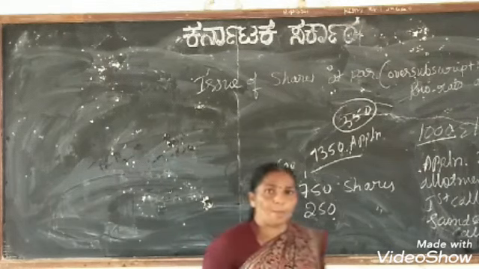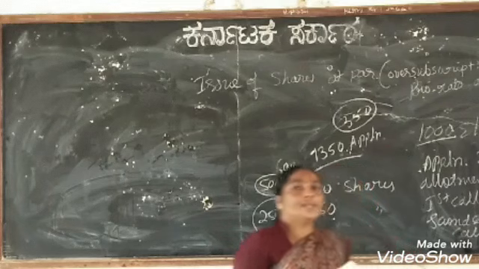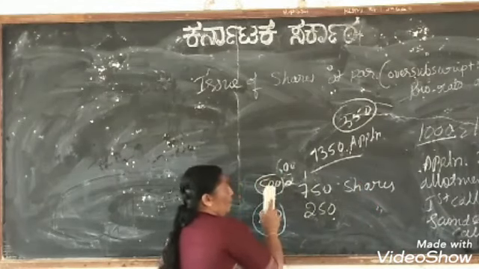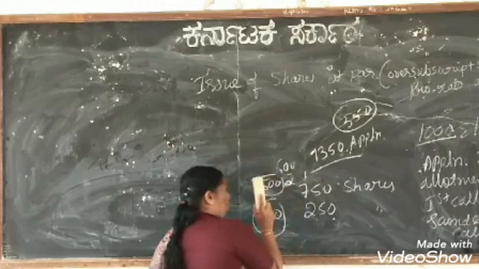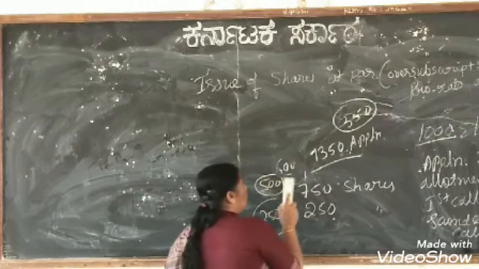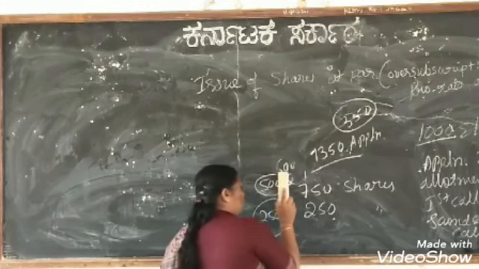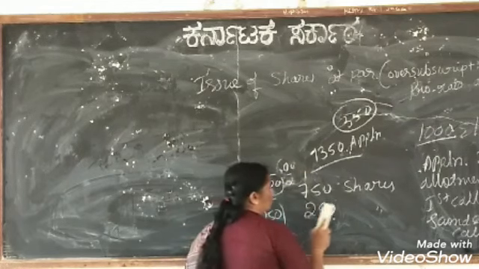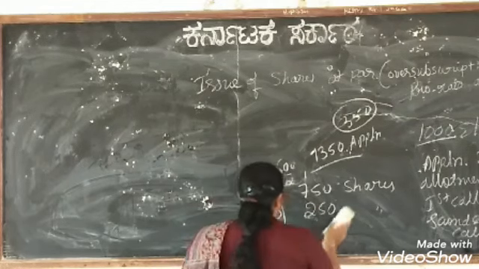Means those who applied for 2 shares were given only 1 share. For every 2 shares applied, 1 share was given. That's why 250 shares are adjusted like this.